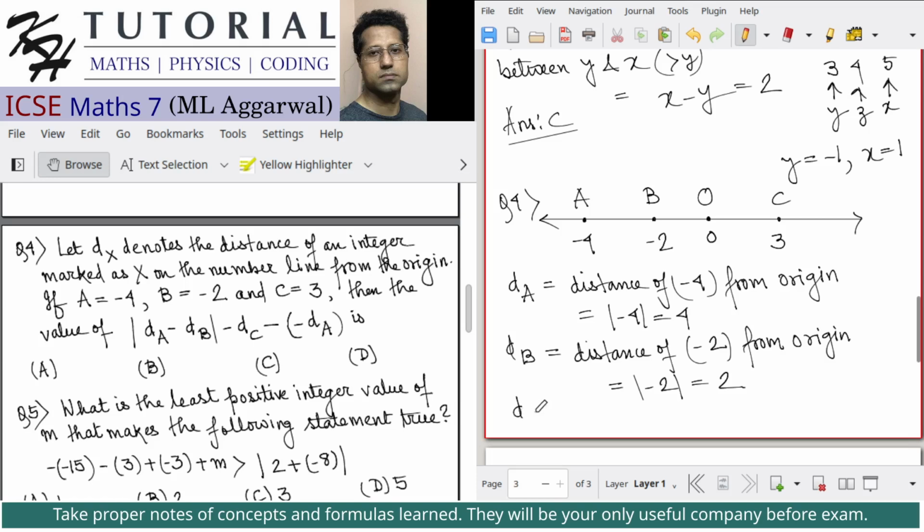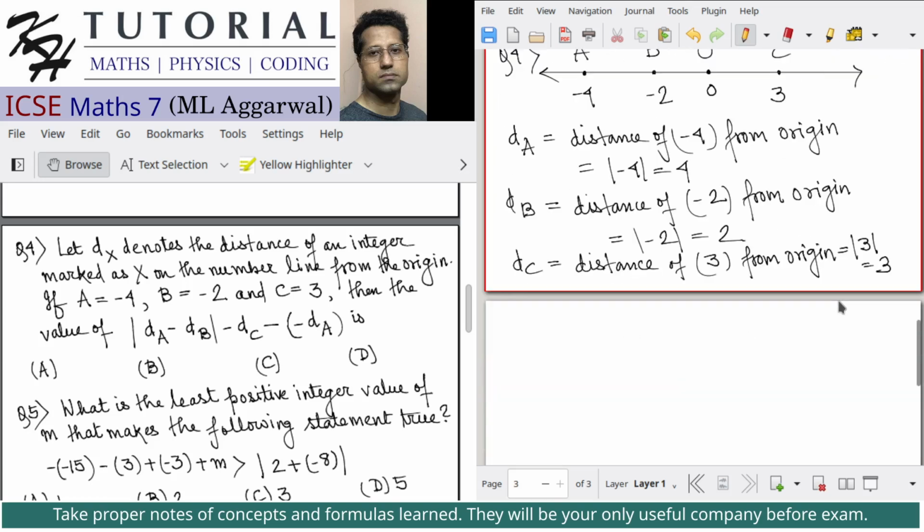And finally dC is the distance of the integer value, since the value of C is 3, the distance of the integer value of 3 from the origin, which is equal to the absolute value of 3, which is equal to 3. So we know the value of dA, dB and dC.